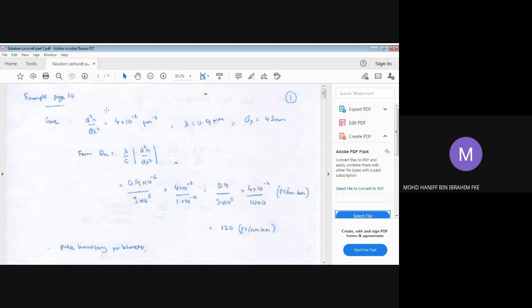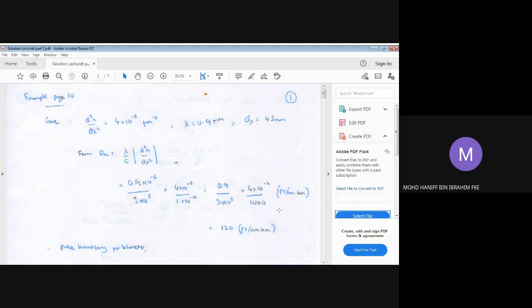Your d squared n over d lambda squared is 4 times 10 power negative 2, and since we have micrometer to the power of 2, the substitution for micrometer squared is 1 times 10 power negative 12. Further on, we have 0.9, and this micrometer value can be cancelled out.